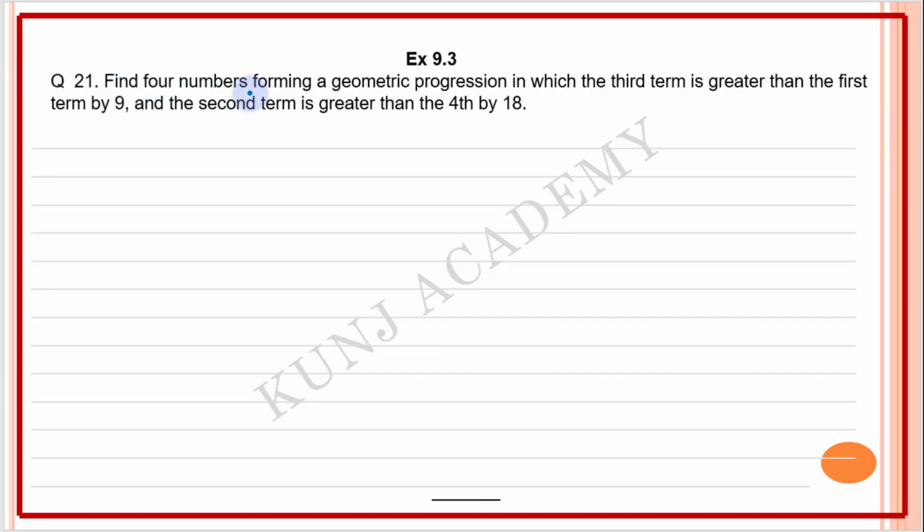Question: find 4 numbers forming a geometric progression in which the third term is greater than the first term by 9 and the second term is greater than the fourth term by 18. Let 4 numbers in GP be a, ar, ar square and ar cube.